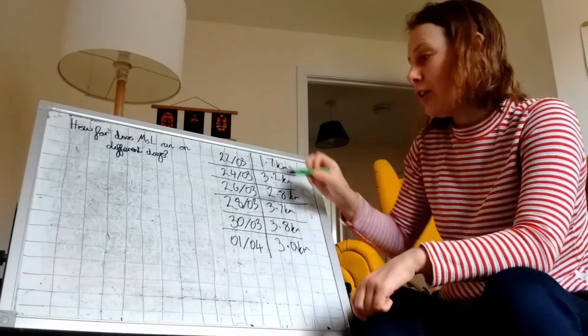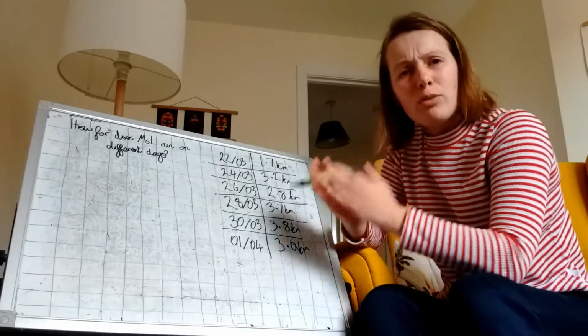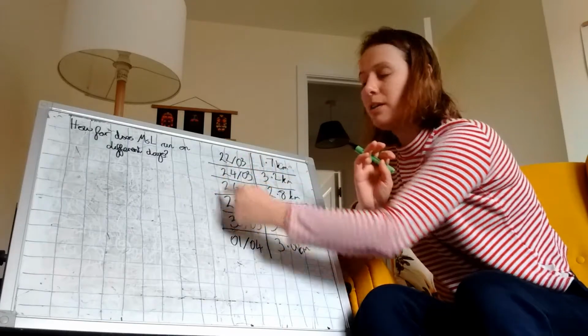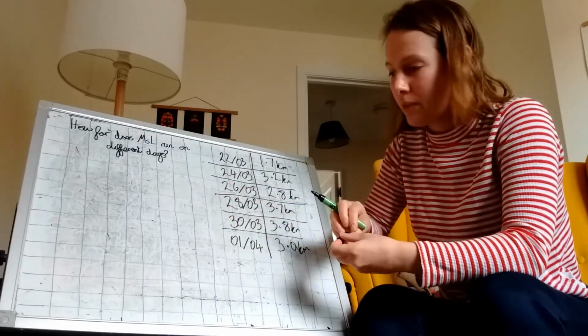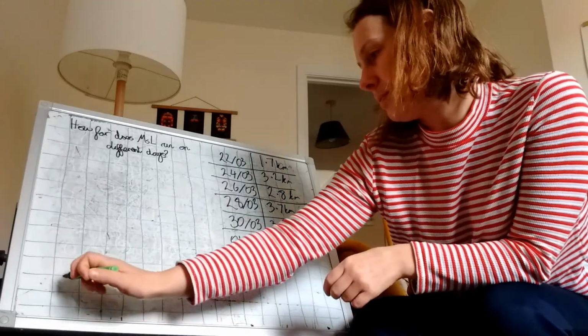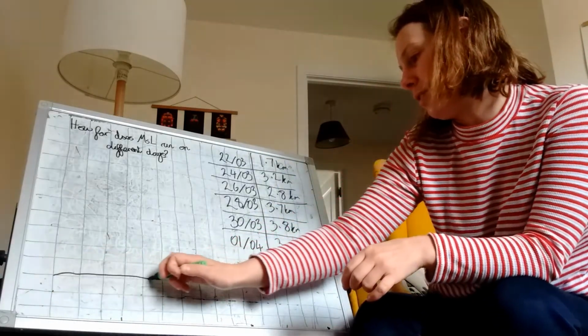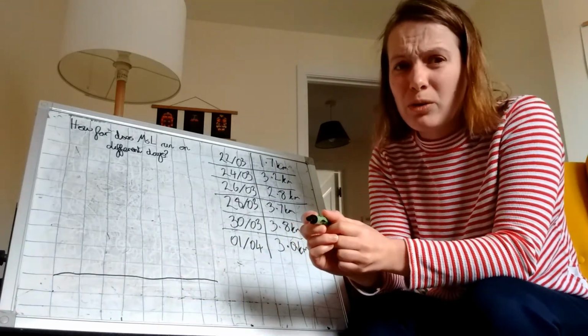There. And then the next thing I would think about is axes. Now, you would always put the one that goes up in even amounts along the bottom. So you would always put the time or date along the bottom in this case. Again, I've got no ruler, I'm not going to worry about that.